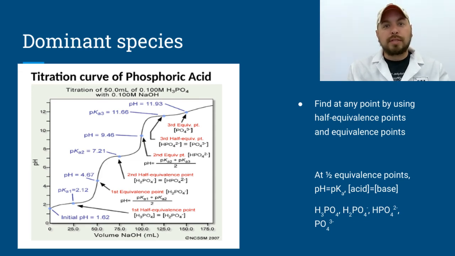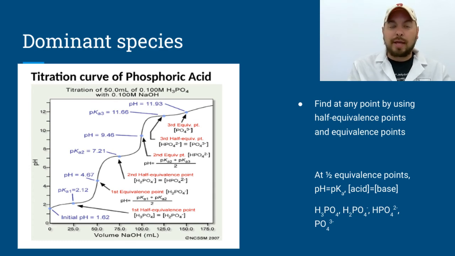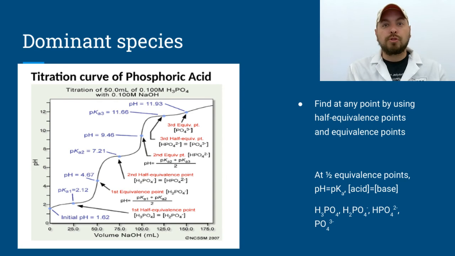So when you're halfway to that second equivalence point, what you need to think of is that half of that first conjugate base, which is now your acid, H2PO4 minus, has reacted away. It's formed its own conjugate base, HPO4 2 minus.